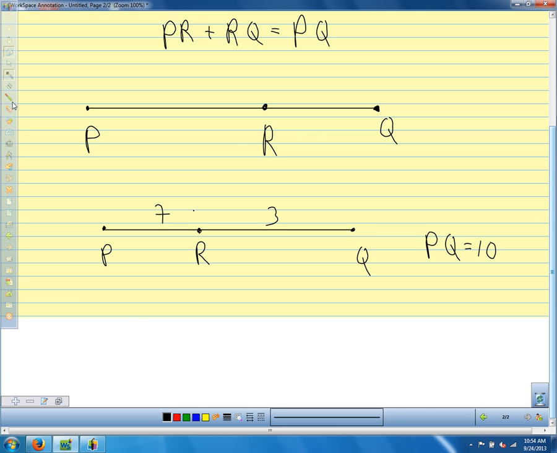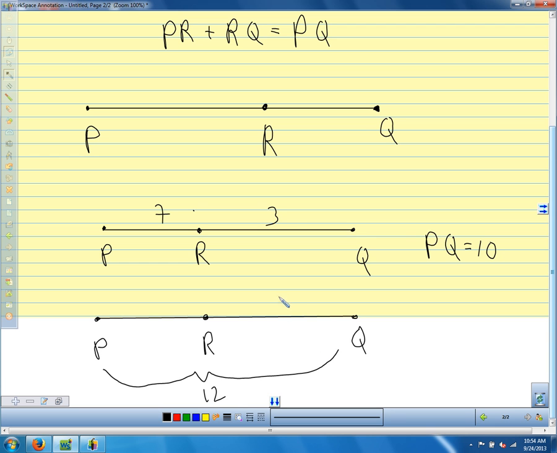If I have, let me write this up a little different, and then we'll make this just a little more interesting. So let's say this is P, this is Q, this is R, and we know the whole thing is 12, and that segment is 8.